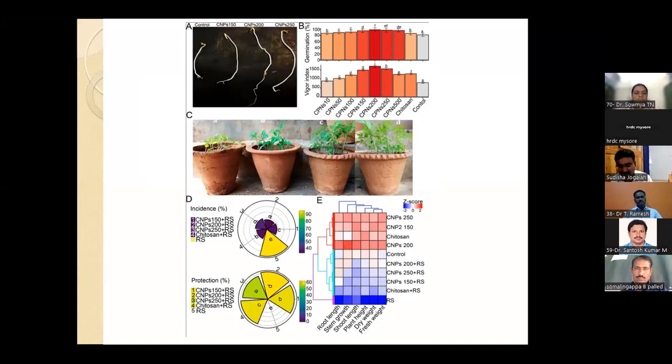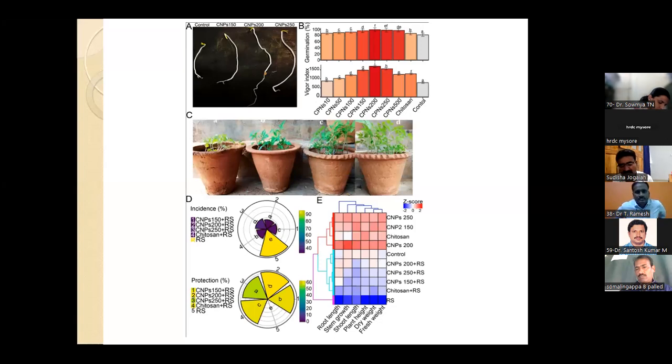As I was mentioning, when I talk about spatiotemporal durable resistance, previously it was known that only the chemicals, I mean the systemic chemicals, have these properties. So we just wanted to know whether these nanoparticles have a systemic nature in their applications, whether they can be primed in the seed, go inside the embryo, and stimulate the emergence as well as the root and shoot biomass.